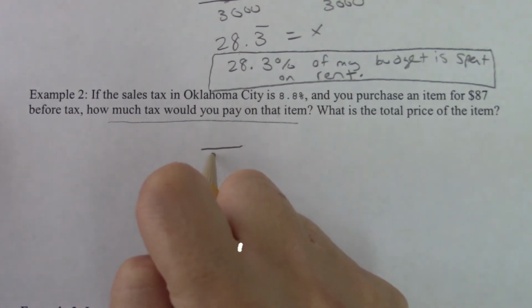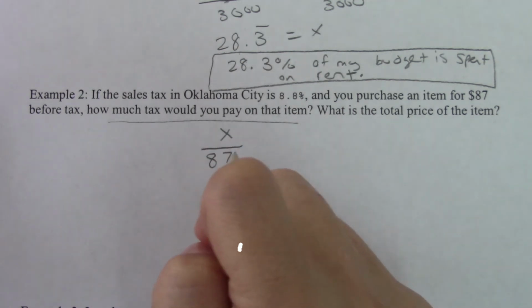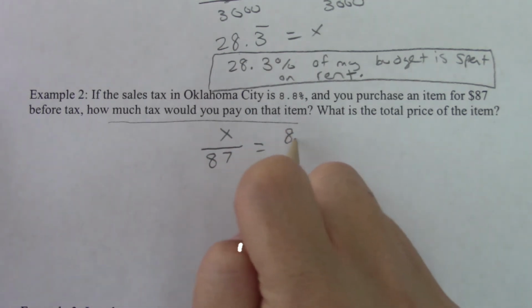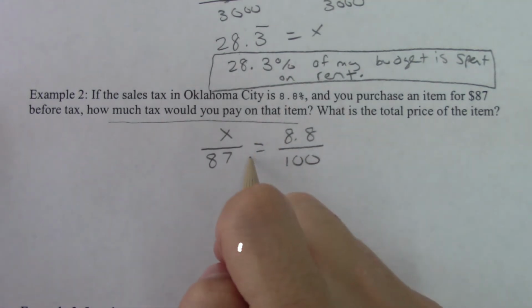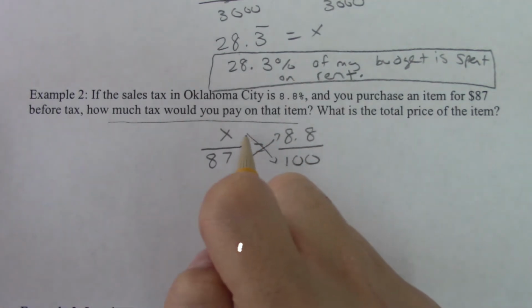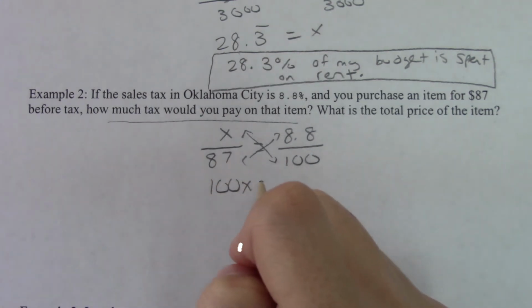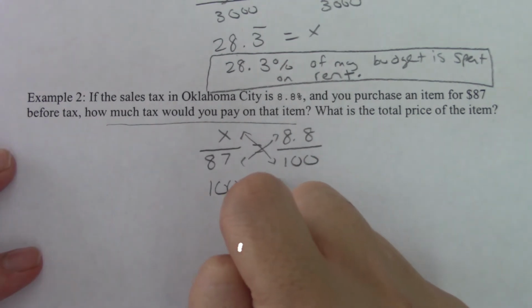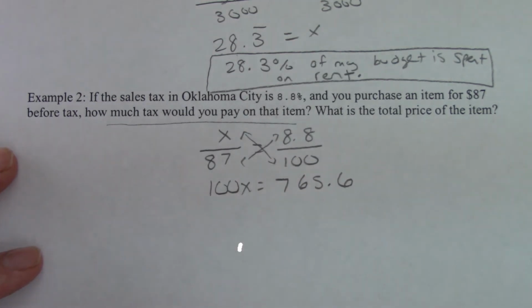So I'm basically trying to find what is 8.8% of 87. So 87 is my whole, and I'm solving for my part. So I have x over 87 is equal to 8.8 over 100. Now I just have to cross multiply. When I cross multiply, I get 100x is equal to 765.6.